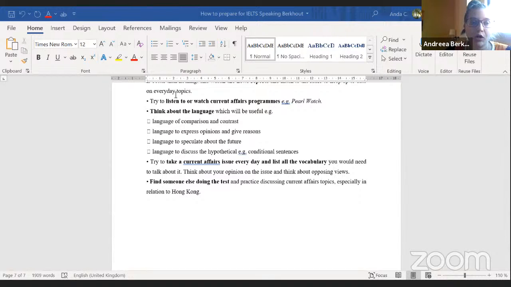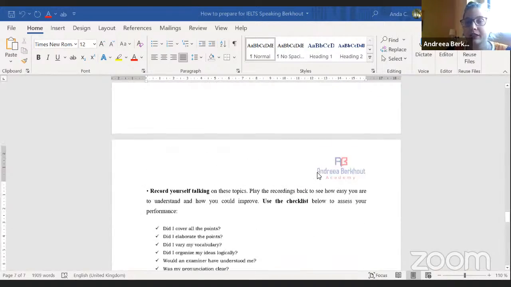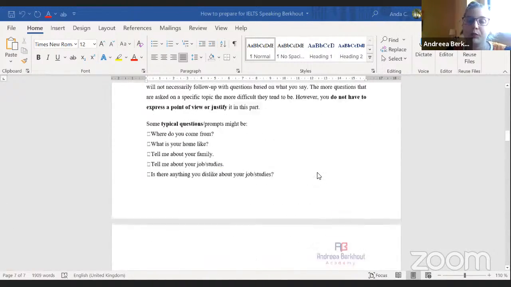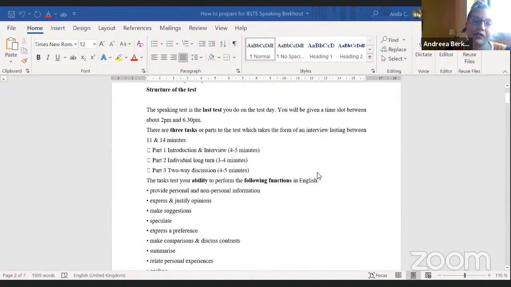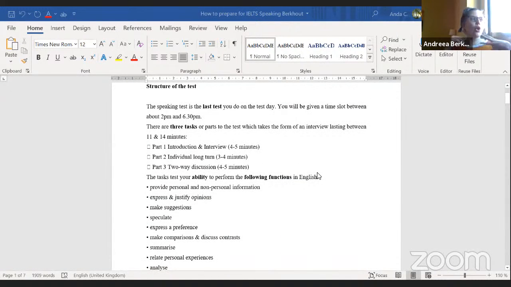So I hope this was pretty clear. And again, the most important thing is not to let yourself be overwhelmed by emotions, okay? So you should just imagine that you are speaking to a friend that is asking you your opinion on something, or asks you to tell them something that happened to you, and you are simply mentioning that.